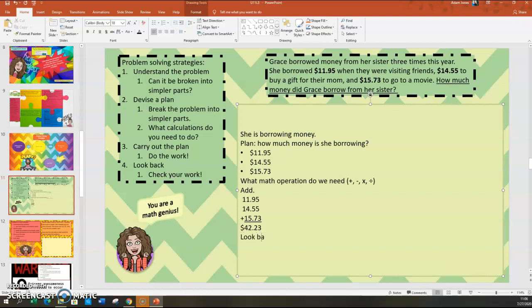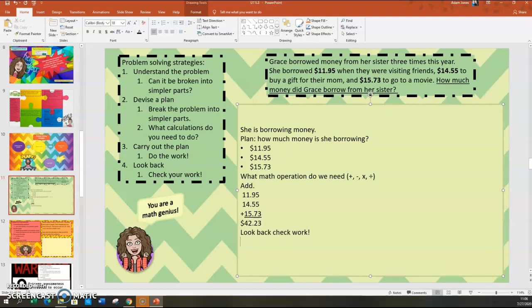So let's look back and check our work. So we have 5 and 5 is 10. 10 and 3 is 13, so there's my 3. Okay, I regrouped my 1, so now I have 9 and 1, that's 10. 10 plus 5 is 15. 15 plus 7 is going to be 22.